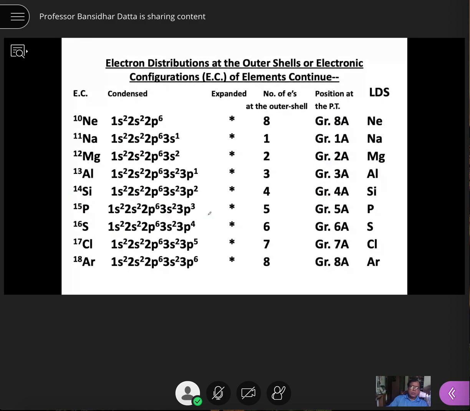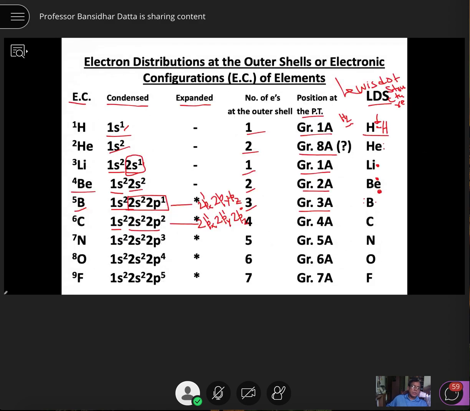Number of electrons in the outer shell is 2 plus 2, 4, group 4A. Carbon has 4 dots surrounding the nucleus, so 4 electrons in the outer shell.